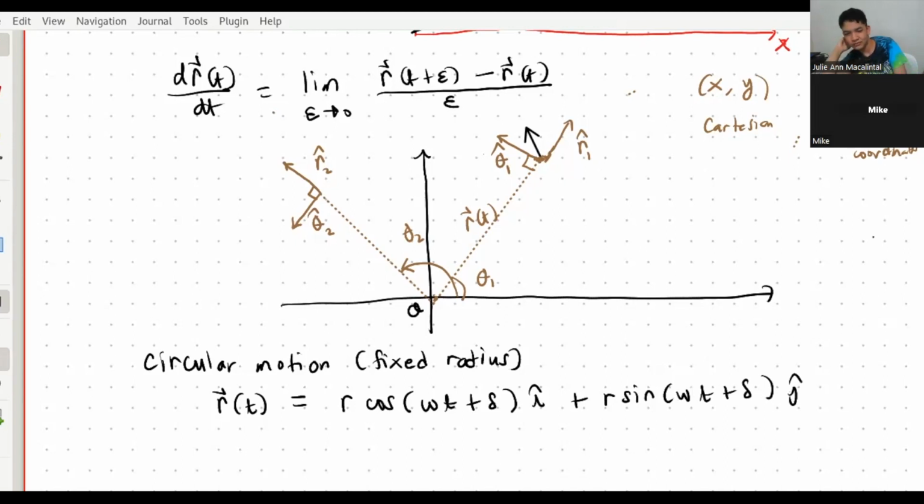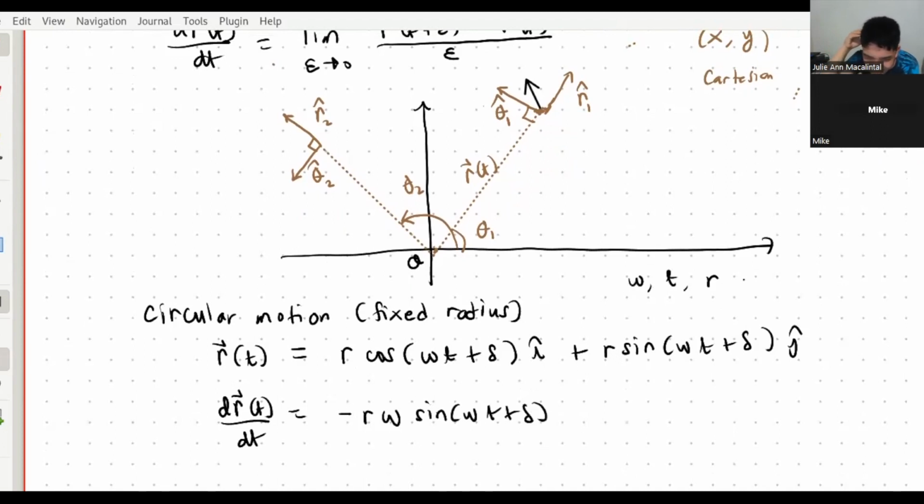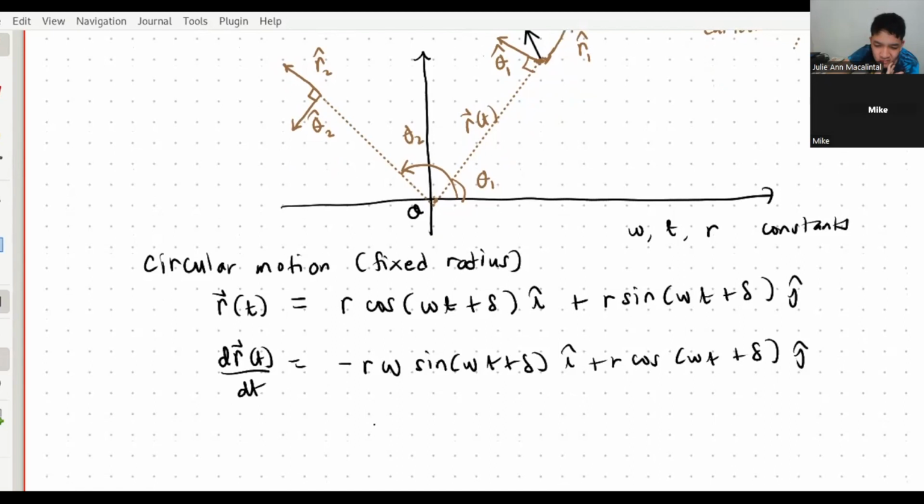So if you differentiate, r cosine omega t will get negative r omega sine omega t plus delta i hat plus r omega cosine of omega t plus delta j hat. So omega and r are constants. And then the acceleration will look like this.